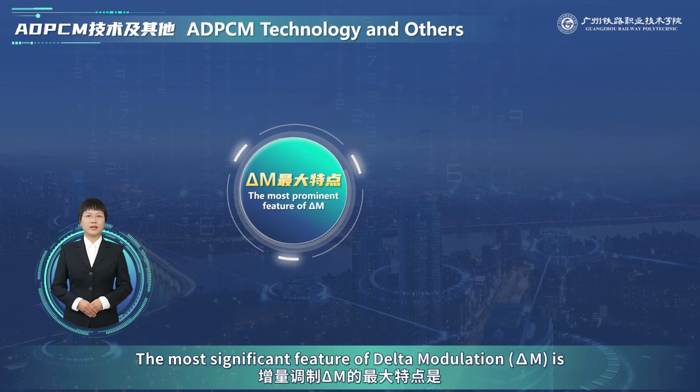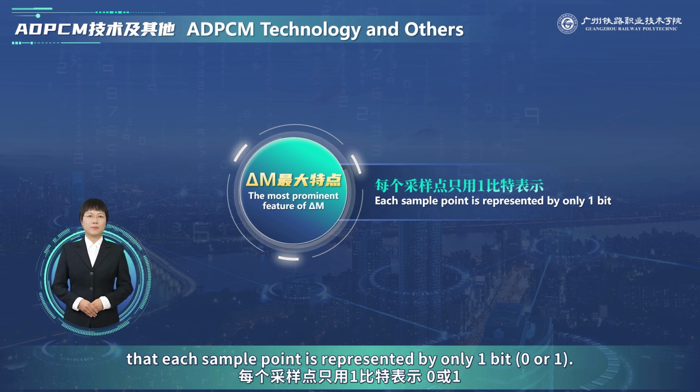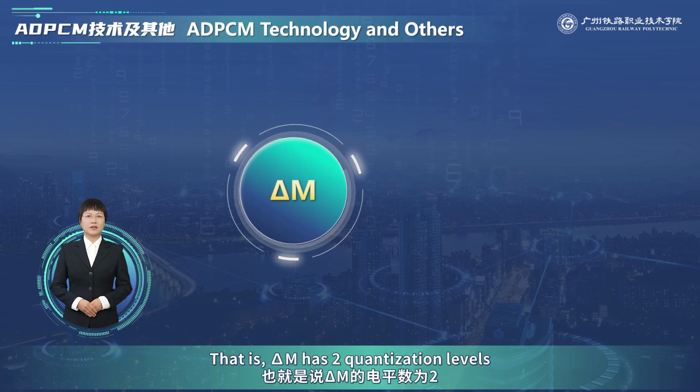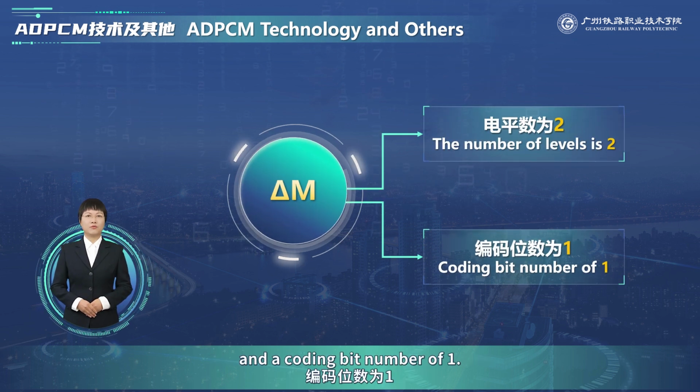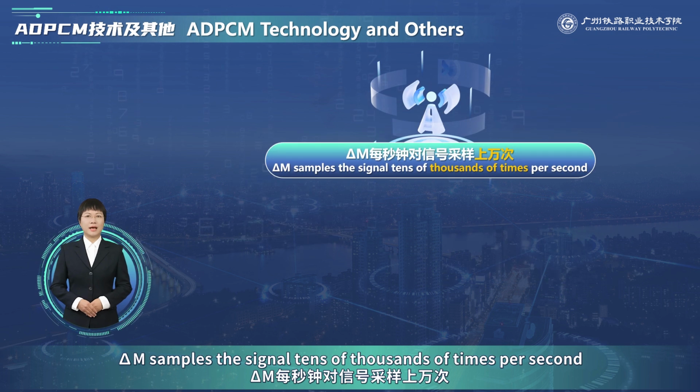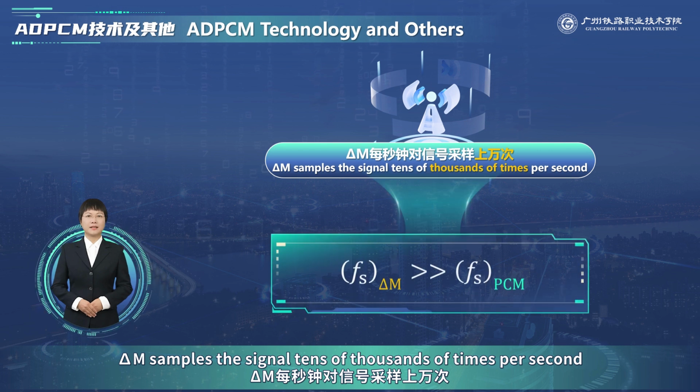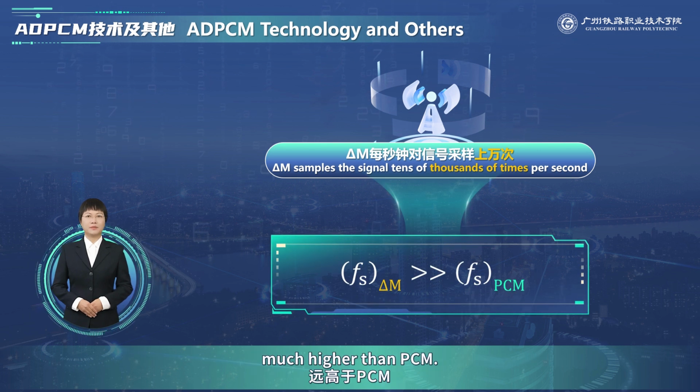The most significant feature of delta modulation is that each sample point is represented by only one bit, 0 or 1. That is, delta M has two quantization levels and a coding bit number of 1. However, delta M samples the signal tens of thousands of times per second, much higher than PCM.